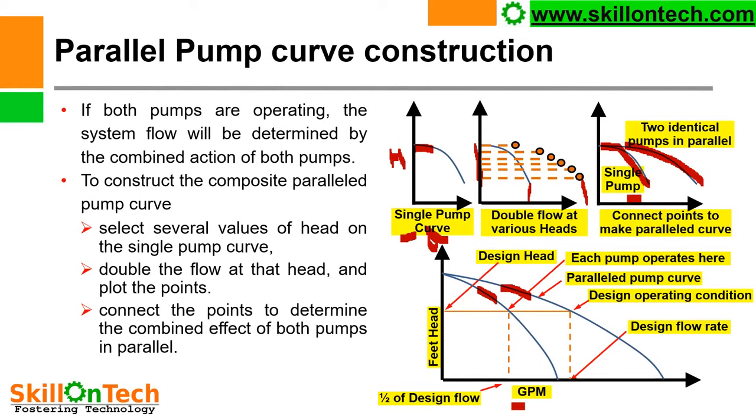So if this is the operating point for a single pump, as we have seen in the earlier slide, then this will be the flow we get and this will be the head. But when we operate both pumps in parallel, then we will get this flow and this head. So this is the procedure to construct the characteristic curve of parallel pump operation.